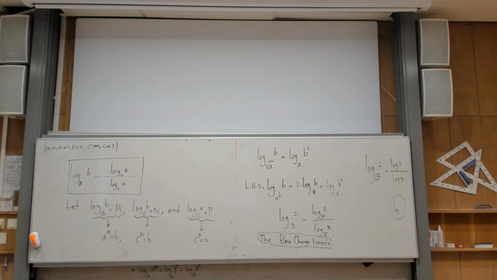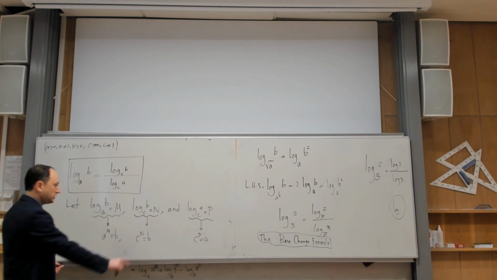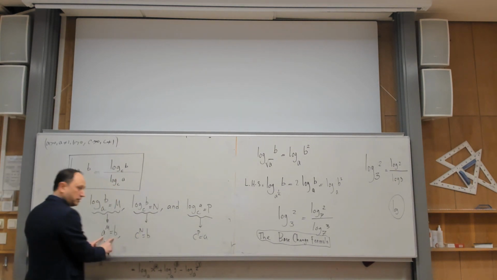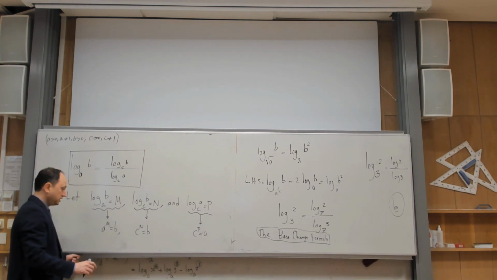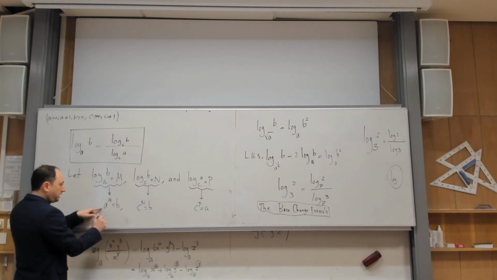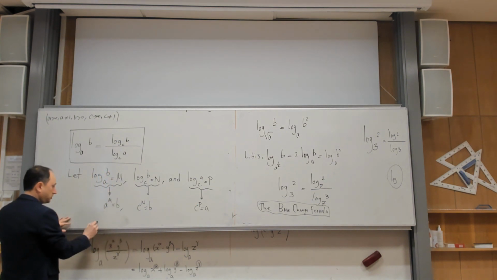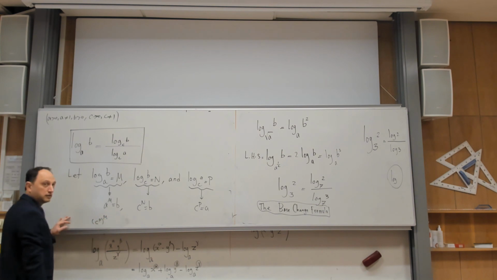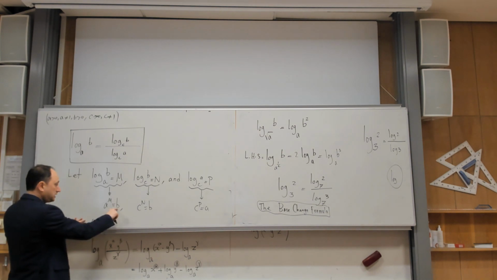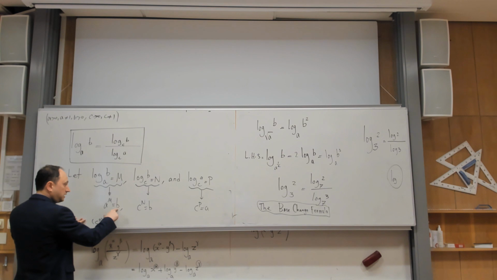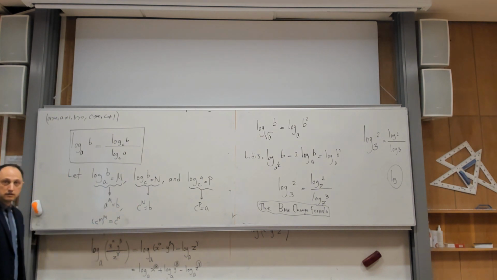Or maybe it's easier to put these two here. It's more natural, yes. Instead of a, I put c to the power p. So it becomes c to the power p, to the power m. On the right hand side, instead of b, I put c to the power n. And I am done.